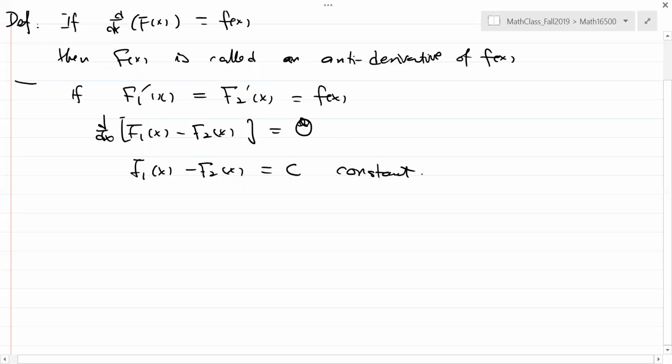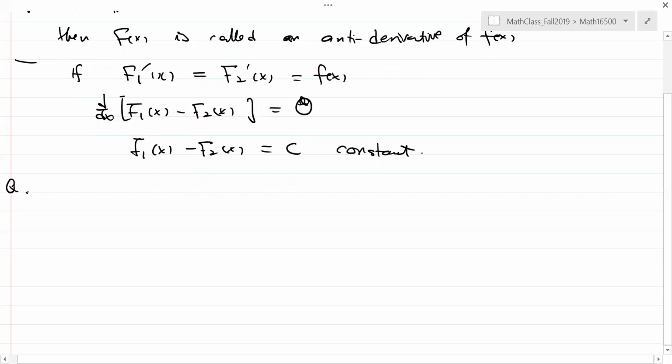So my conclusion is, if you know one antiderivative function, you can get all of them. So if I ask you to find the general antiderivative of the function, that means find the general formula for the antiderivative of the function. You just need to find the one and plus a constant.